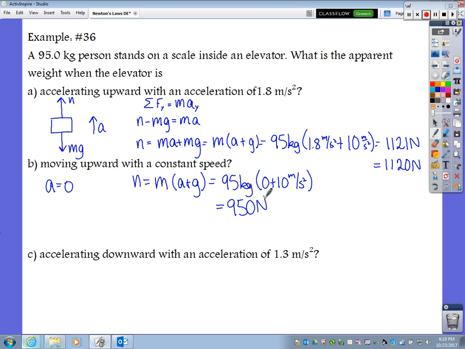And finally, in the third part, we have the acceleration is negative 1.3 meters per second squared. So because the elevator is accelerating downward, that might mean the elevator is going downward and going faster and faster, or going upward and going slower and slower.